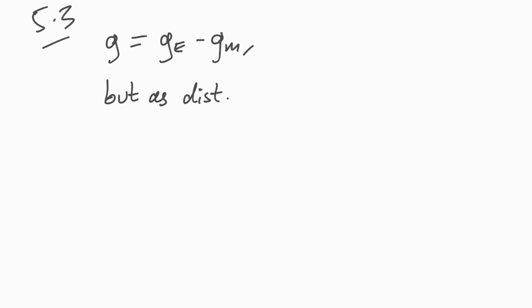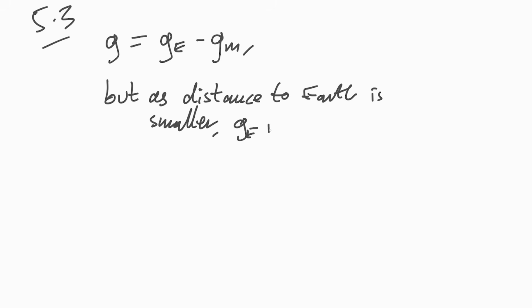Interesting. Okay, so now g total is equal to g E minus g M. Therefore, gravitational field strength is less. But as distance to Earth is smaller, g E is larger for S2.